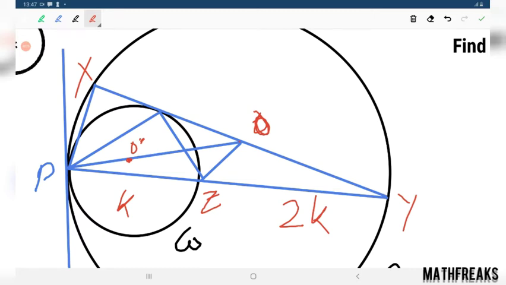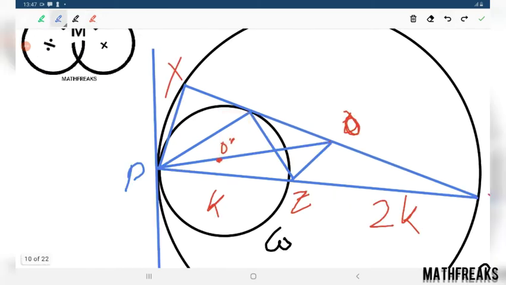Now this is also a tangent. Let us join this. This will be perpendicular. The circle is omega with center O dash.